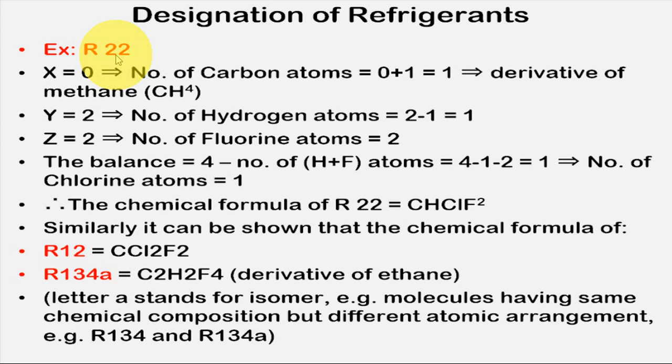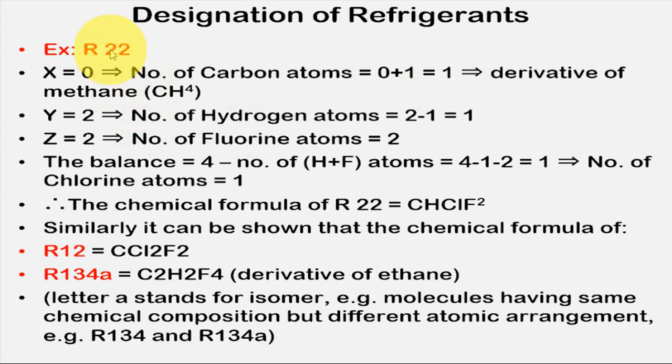So here X is 0, Y is 2 and Z is 2. X is 0, so the number of carbon atoms equals X plus 1, that is 0 plus 1, which equals 1. So the number of carbon atoms in refrigerant R22 is 1.